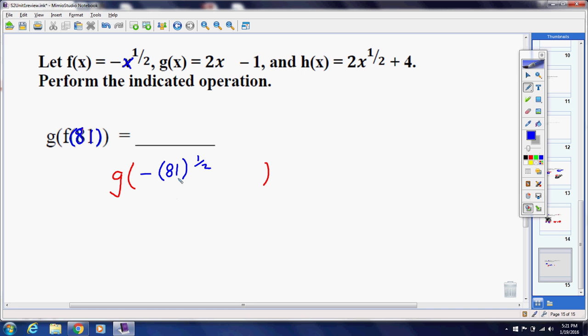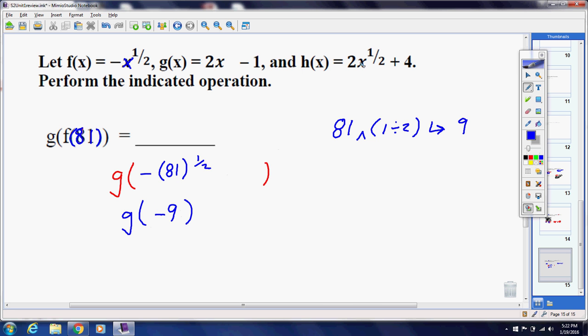The 1/2 power is the same as the square root, or you could plug it in your calculator: 81 to the 1 divided by 2, or you can put 0.5 power, and hit enter, and it would spit out a 9. So 81 to the 1/2 power, or the square root of 81, is 9, of course. So I am looking for g of, this is 9, and then I have to take the negative of it. So I'm looking for g of negative 9.